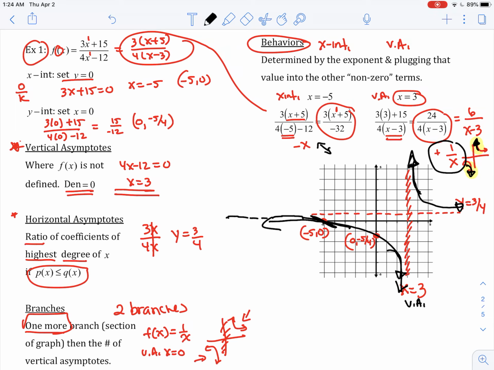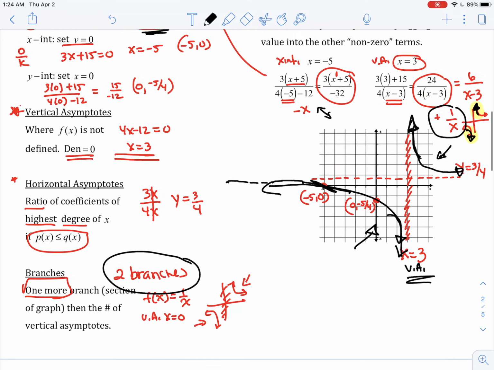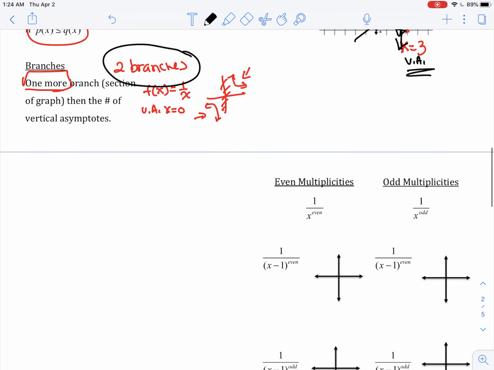So it kind of looks like just a 1 over x graph that has been shifted 3 to the right, which if we look at our original equation, is what we have. And we have 2 branches of graph. We had 1 vertical asymptote, we have 1 branch over here, and we have another branch over here. Okay. So let's look at another example.